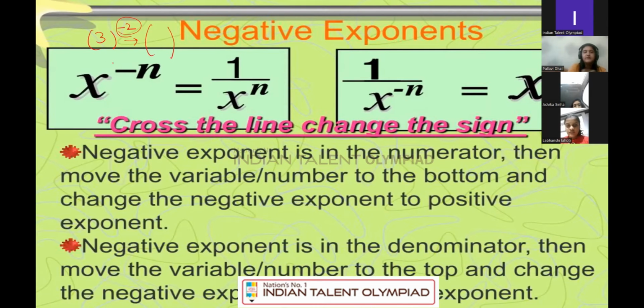I hope everyone remembers the reciprocal. What will be the answer if we take the reciprocal of 3? 1 by the number, the inverse. 1/3, right? It will be 1/3 and square. Are we good here? Yes, ma'am.